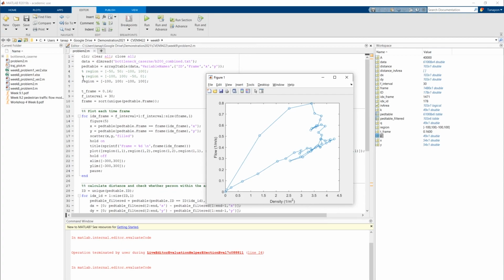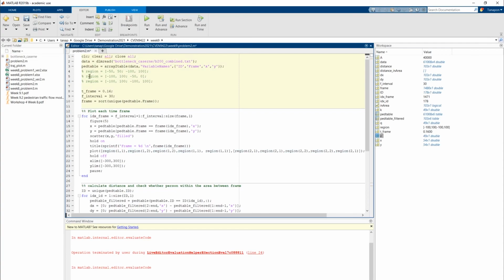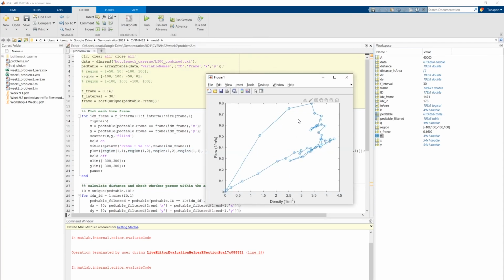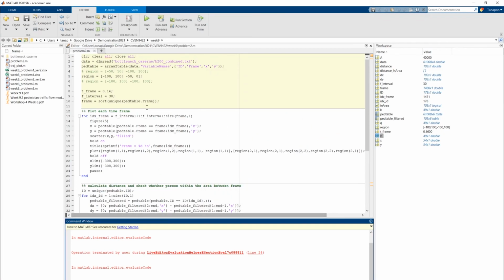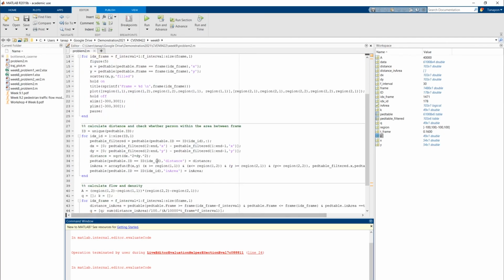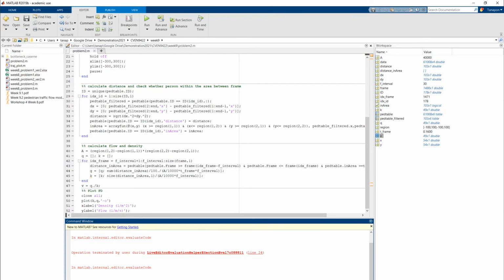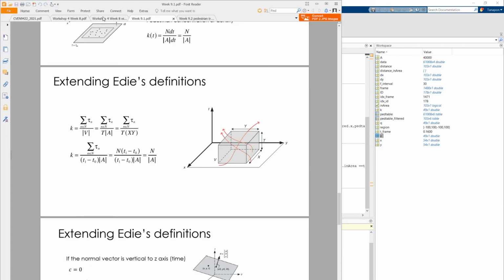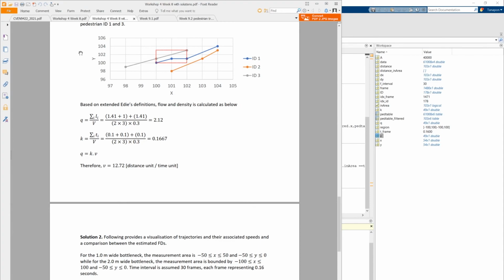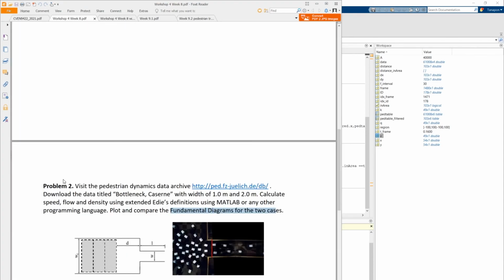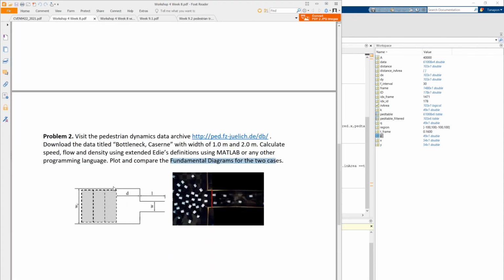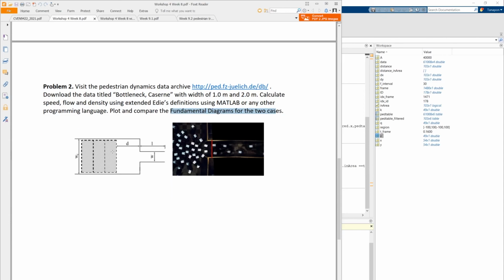If we reduce the size like this, we can expect this graph to look a lot more messy. So yeah, you can play around with that and try them. But that's basically how you do this problem. These are the fundamental diagrams for two cases.